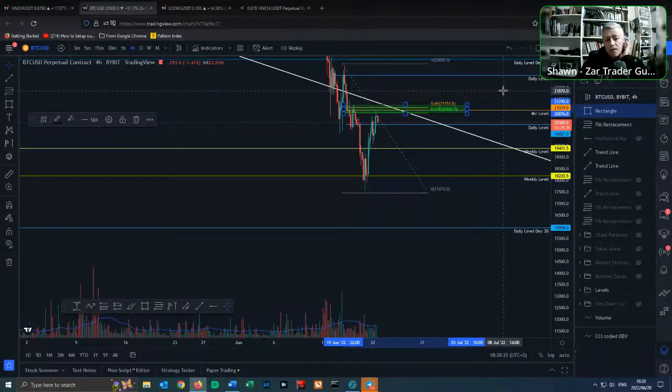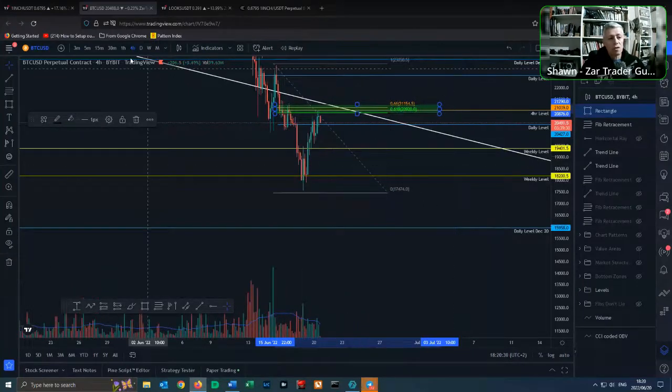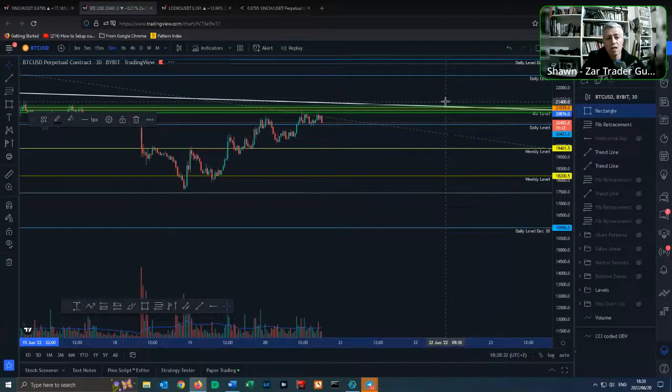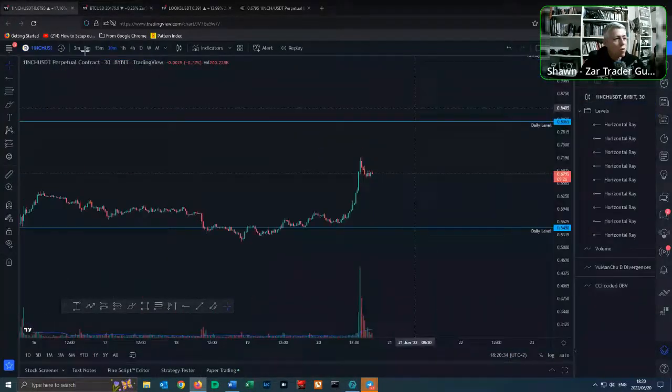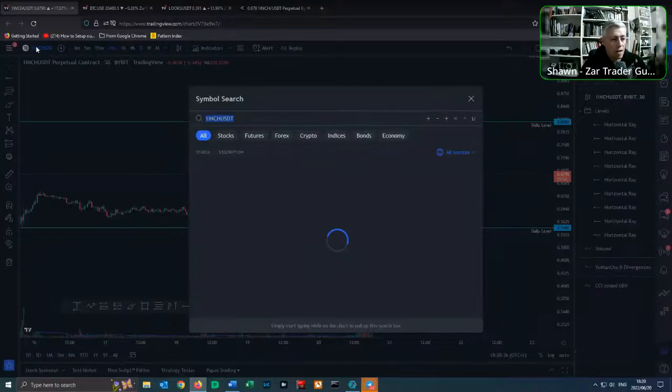Yes, there are definitely stop runs, and that's where the order flow and TPO charts come in tremendously, because since I've actually started using them, I can actually see where the stops are being put. So to give an example today, I was looking at SNX.